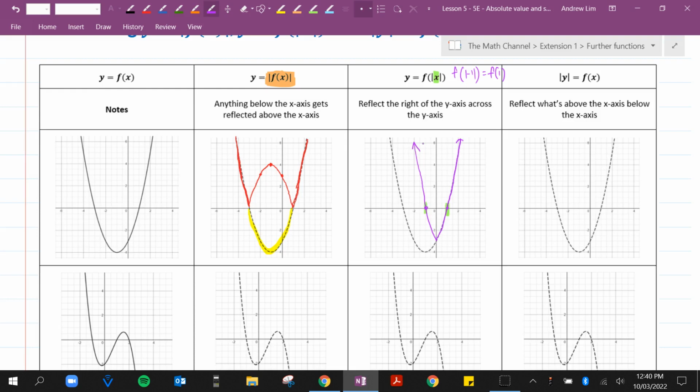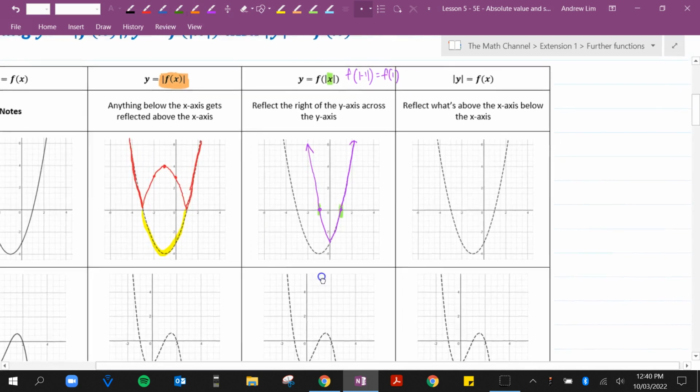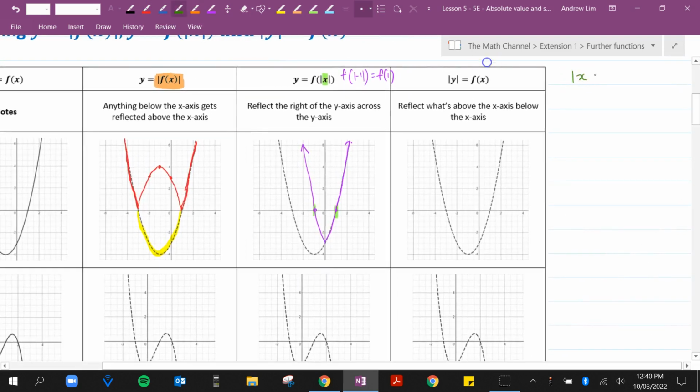And the last one, we've got the absolute value of y is equal to f of x. Now, when we were going through absolute values, let's say we had the absolute value of x is equal to negative 3. We defined absolute values as the distance from 0. Well, we can't have a negative distance, so that doesn't make any sense. But if we had the absolute value of x is equal to positive 3, then we know that x could be either plus or minus 3, because from 0, both of those values have a distance of 3.